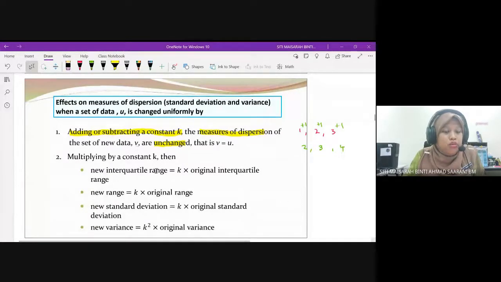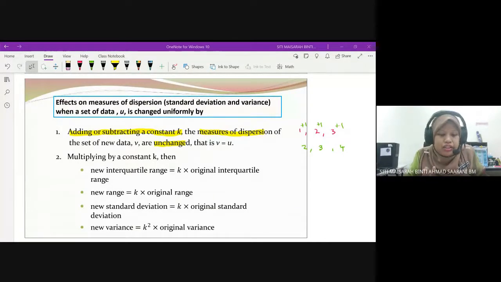Alright. So yang kedua, if we multiply by a constant K, kita darab dengan satu, contoh kalau kita kata kita increase by 20%. So maksudnya kalau increase by 20%, kita multiply by berapa? Contohlah kalau pendapatan.